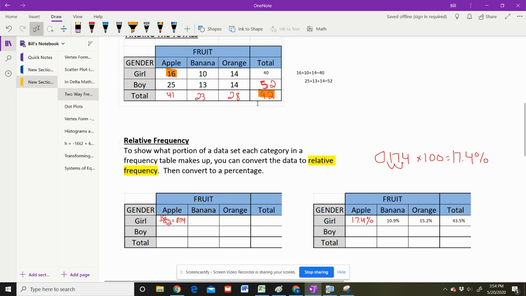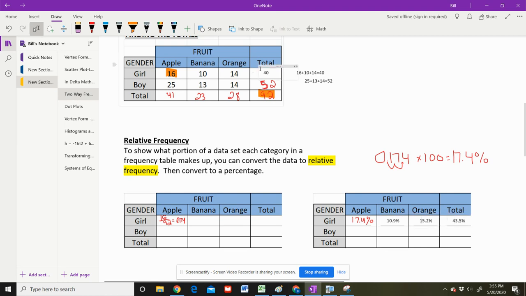Again, using my table up here, I said, okay, 16 divided by 92 gave me this. To get 10.9, I took 10 divided by 92. For the 15.2%, I'm in the column of oranges and in the row of girls, so I took 14 divided by 92, which gives me 15.2%.